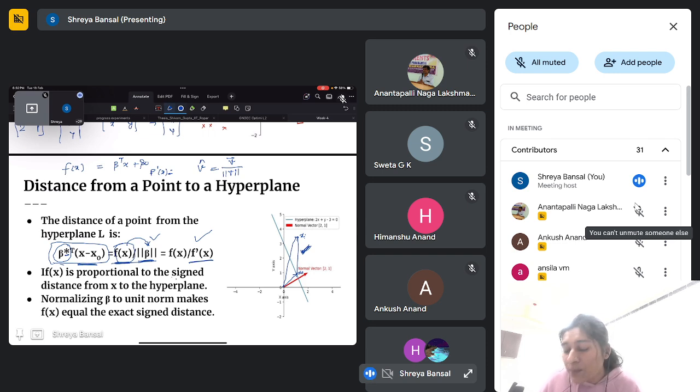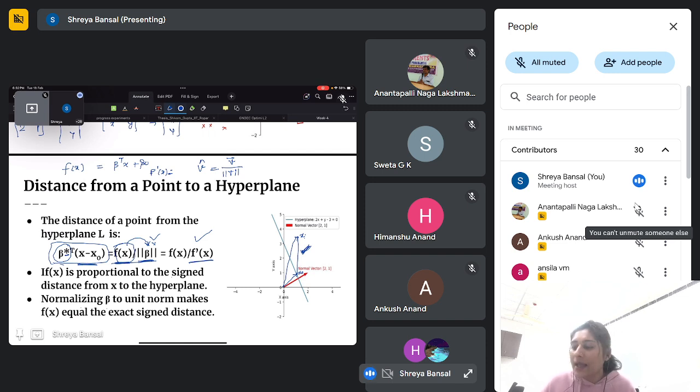Signed means it can be positive, it can be negative. If we are normalizing beta to unit norm, it makes f x directly equal to the exact signed distance, because if we are normalizing this vector, you don't need this. So it is directly giving you the exact signed distance, or we can say it is proportional to the signed distance.